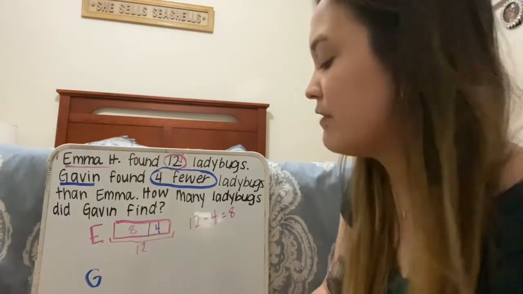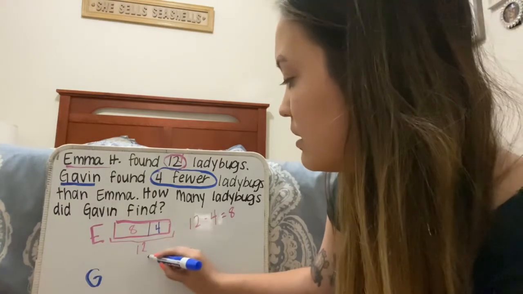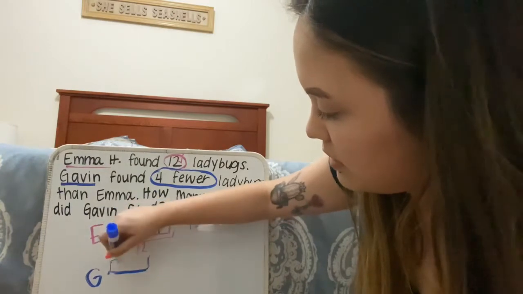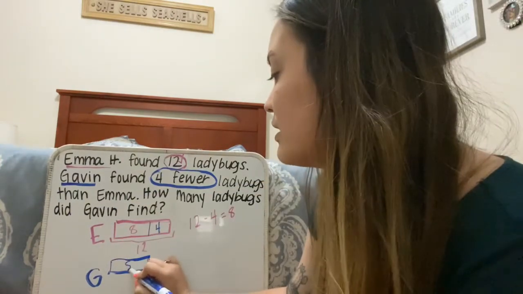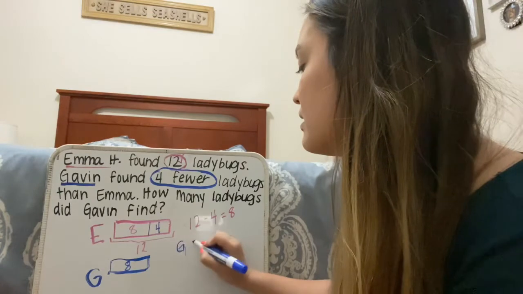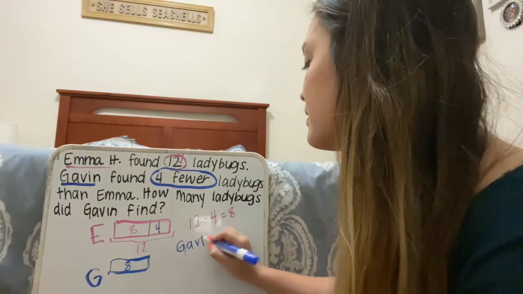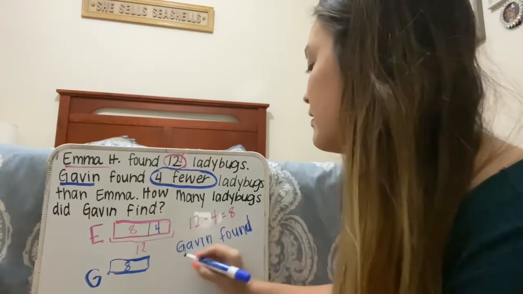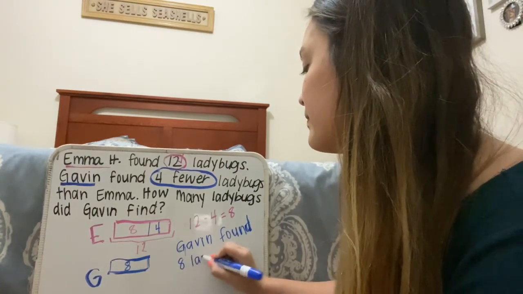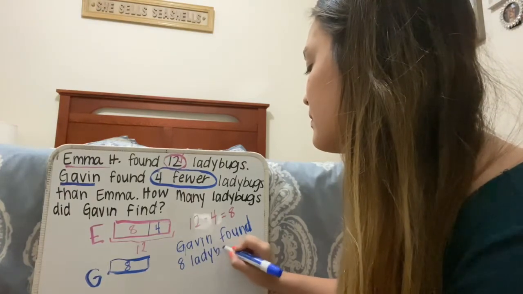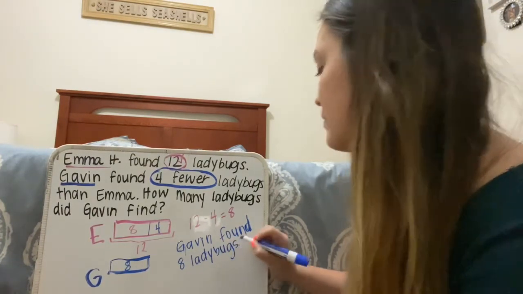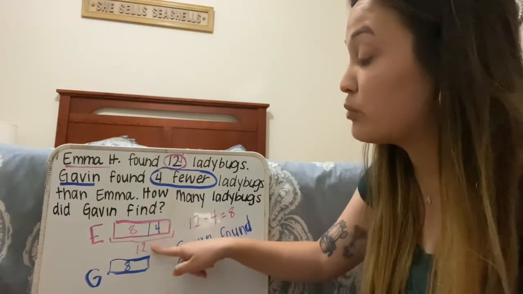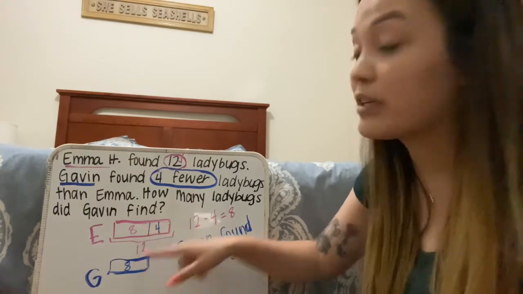So we know that Gavin's picture would match the 8. So we know Gavin found 8 ladybugs. Remember, because Emma had 12 and Gavin found 4 less than her, and 12 take away 4 is 8. So Gavin found 8 ladybugs.